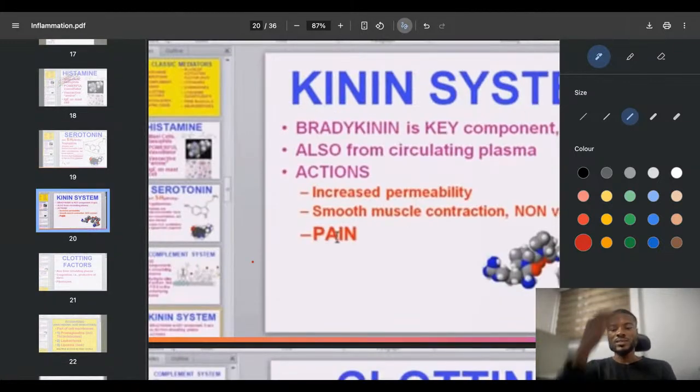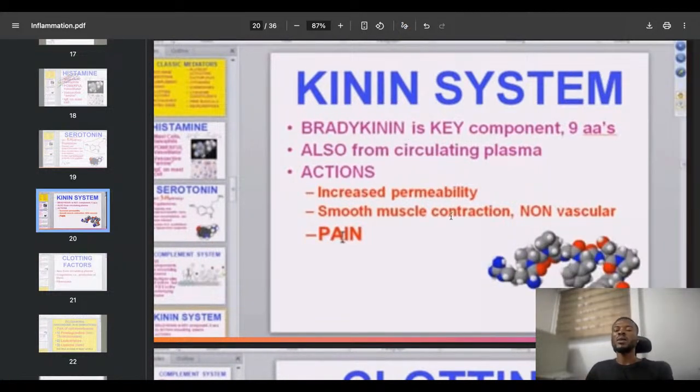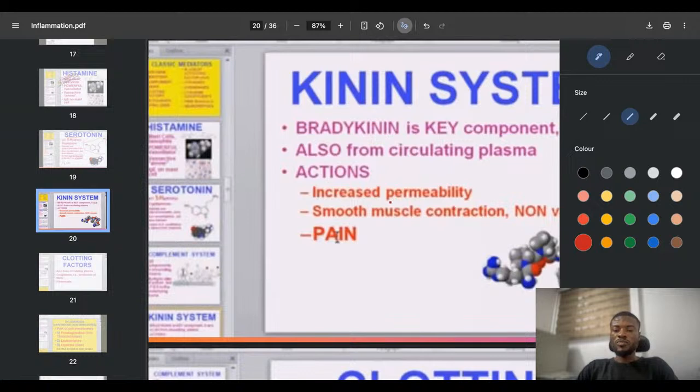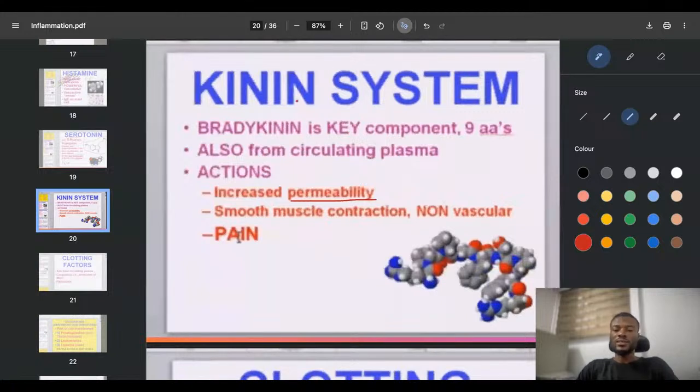We also have the kinin system. And after vasodilation has happened, you know that the next step is for what? Increased permeability. And so the main chemical mediator that causes the increase of endothelial permeability, vascular permeability, is what we call the kinin.